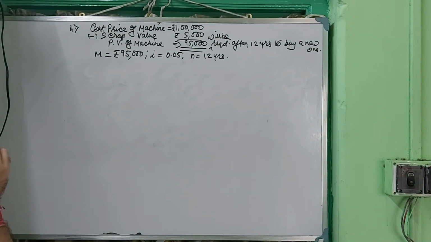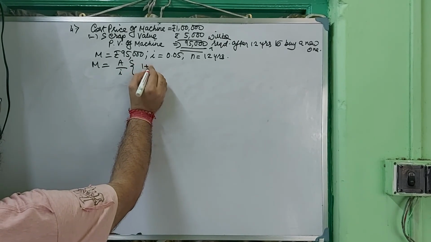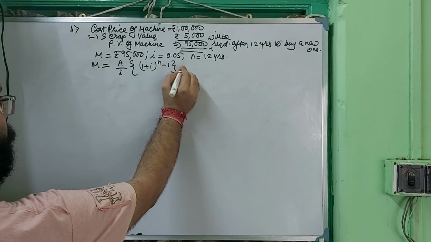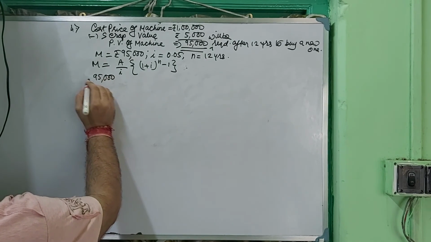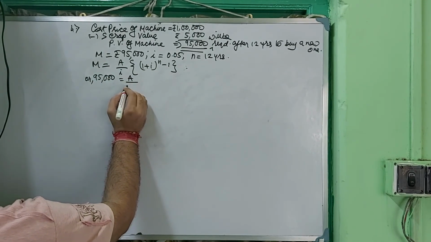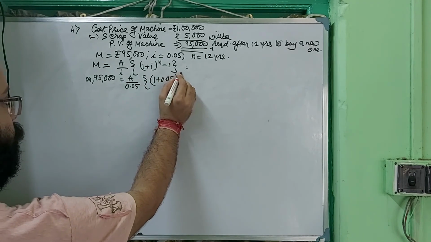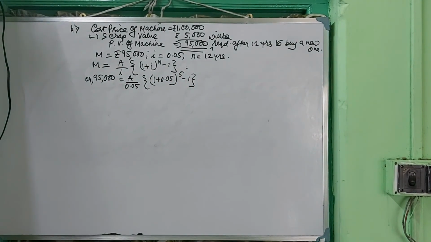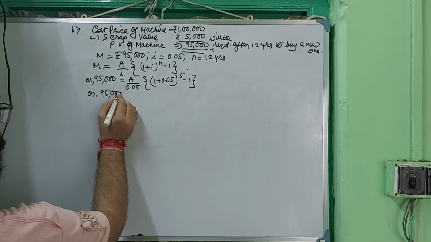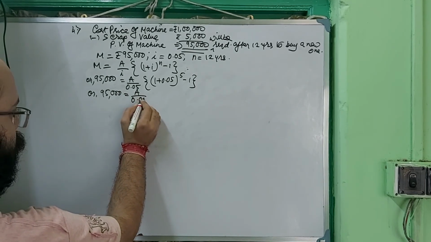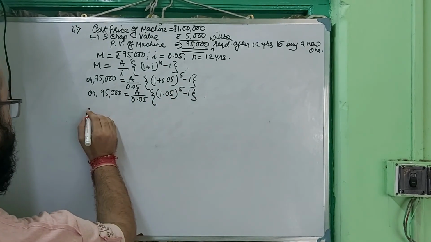So putting the same old formula, M = A/I × ((1 + I)^n − 1), M is 95,000, so 95,000 = A/0.05 × ((1 + 0.05)^n − 1), cross multiply that, or 95,000 = A/0.05 × (1.05^n − 1). The value has been provided.